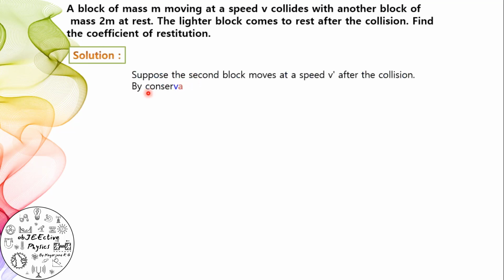Let us suppose that the second block was initially at rest, and after collision, the second block was moving with velocity v dash, and the first body is coming to rest. Therefore, the initial momentum of both particles is equal to the momentum of the first body of mass m before collision, because before collision the second body of mass 2m was at rest.